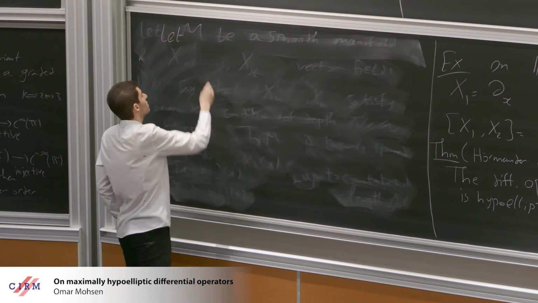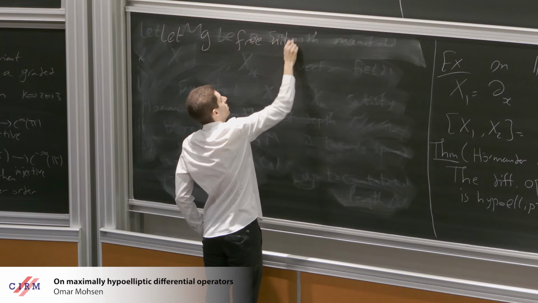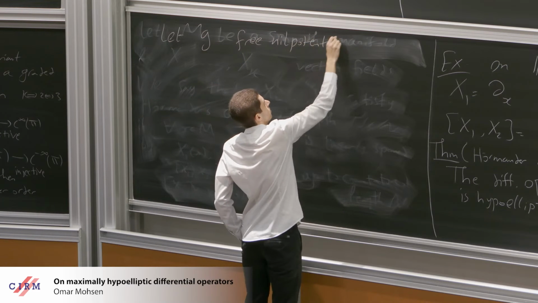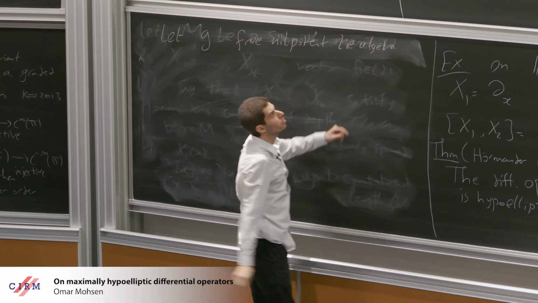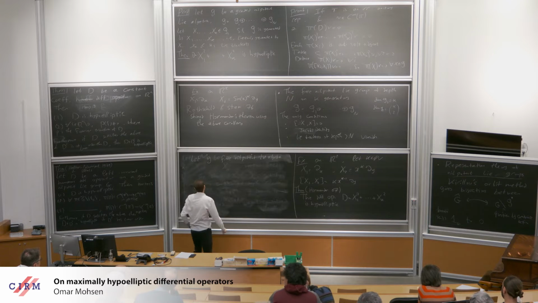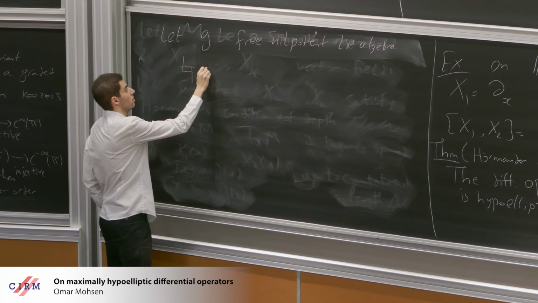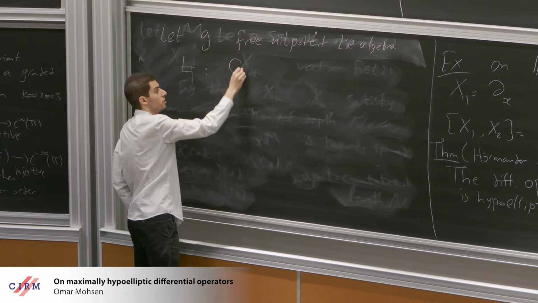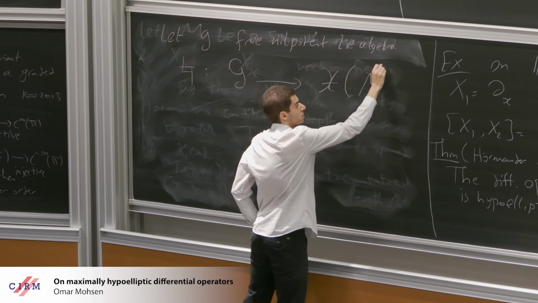So now I take G to be the free nilpotent Lie algebra. Notice that the number of generators I take is the same as the number of vector fields I have. Then we have a canonical map which goes from G to vector fields on your manifold.